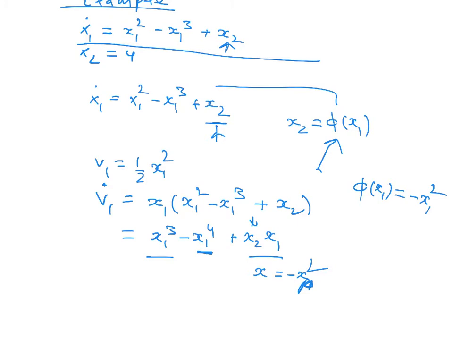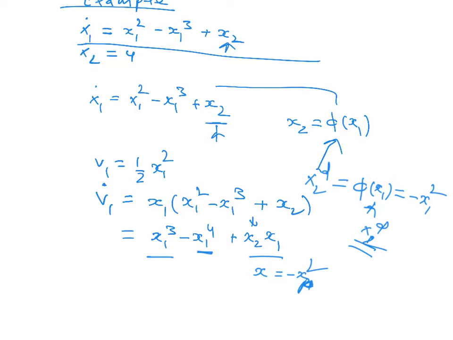the first Lyapunov candidate function will become negative. That's the desired value, x2 desired. x2 desired equals phi of x1 equals minus x1 squared. But it is not the case for now.